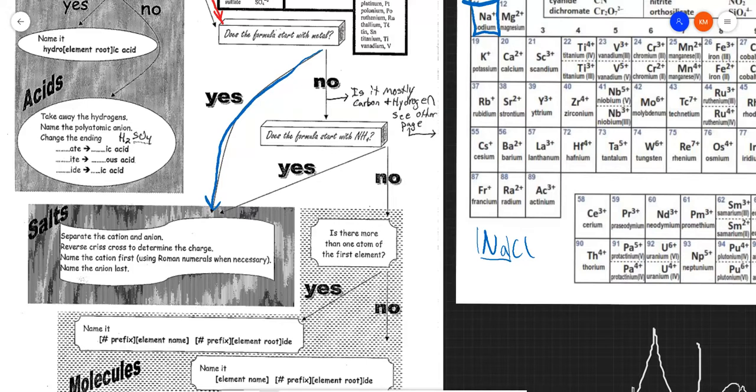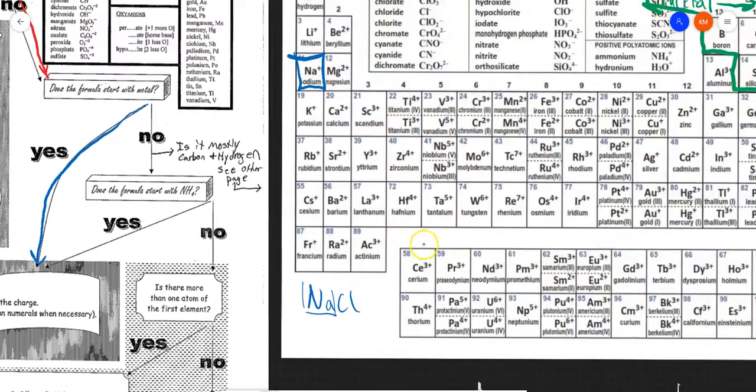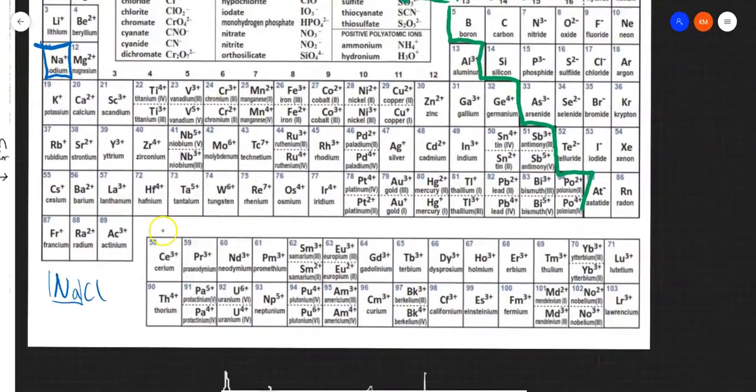So this tells us it's a salt, and here are the steps I need to name it. First, separate the cation from the anion. Remember, the cations are the positive ones and the anions are the negative ones. So sodium is my cation, the positive one, and my anion is chlorine.